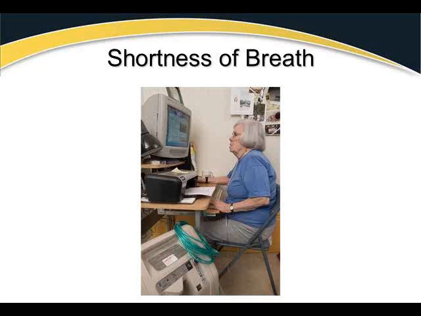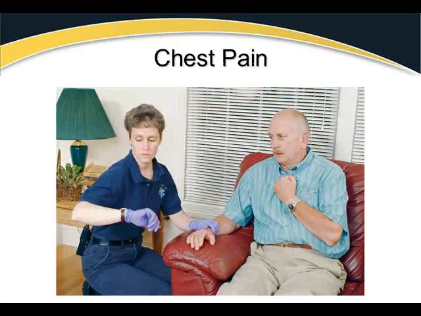One more thing about shortness of breath is that it sometimes is the only sign or symptom of a heart attack that some of our elderly population deals with. Chest pain, the complaint of chest pain, can come from lots of different conditions, whether that's pneumonias or rib fractures, aneurysms, heart attacks, and so on and so forth. Remember that there's plenty of things that can cause this.